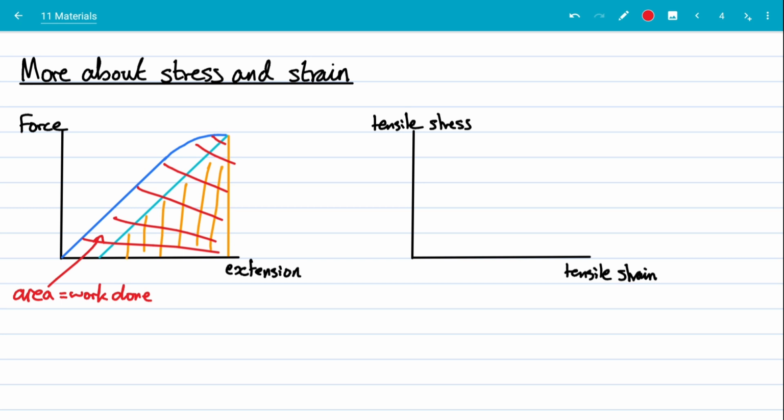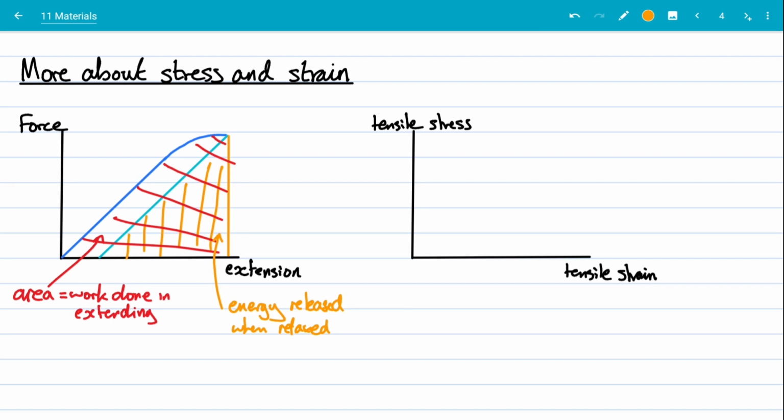And so area, work done in extending. And then in orange, we could say energy released when relaxed.